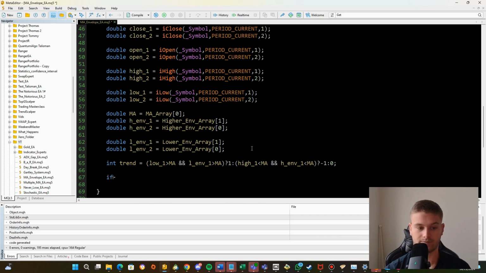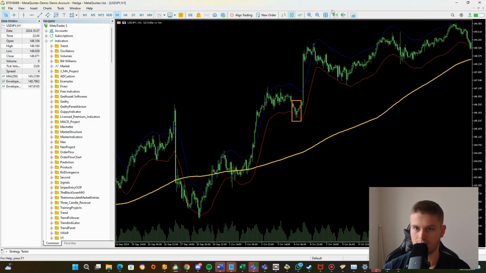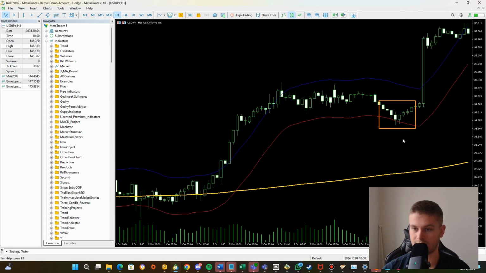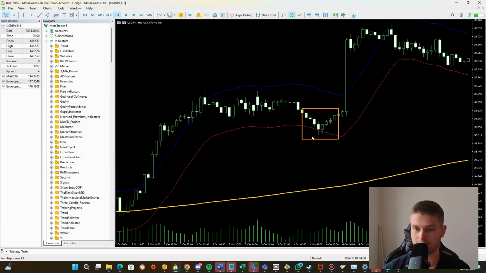So now let's do this. So if trend is equal to 1, so this is us checking the uptrend, and now we have to check basically this crossover between the price and the lower envelope. So we want to check closing price.